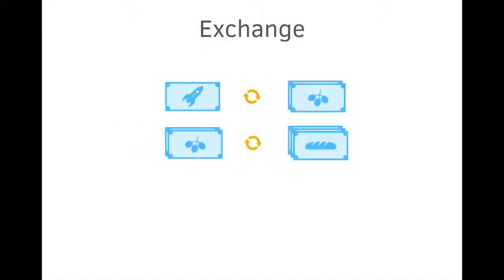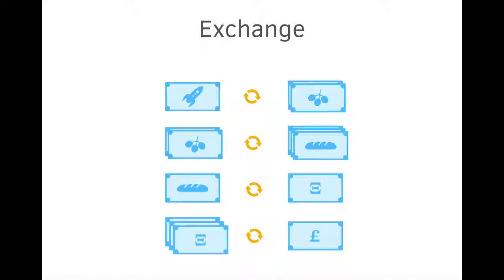And exchanges. A good thing with Stellar is this notion of DEX and the fact that you also have these kind of swaps between tokens that can be done easily. So for example, if you want to say, I want to exchange Stellar for British pounds, nothing prevents inside the network to create some sort of a chain of exchanges and to say, first I'm going to exchange my Stellar lumens for cherries, and then cherries for bread, and bread for wrapped ether, and those wrapped ether for pound peg tokens.